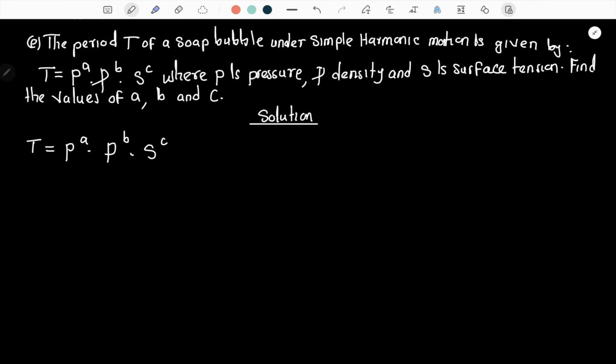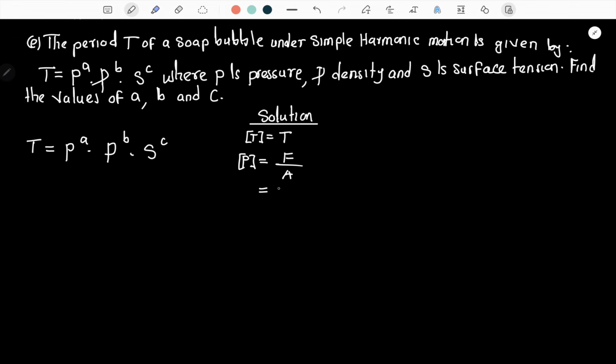Let's come up with the dimensions of each of the properties that have been given. What are the dimensions of period? I already taught that the dimensions of period is capital letter T. What are the dimensions of pressure? Pressure is simply force over area. What are the dimensions of force?